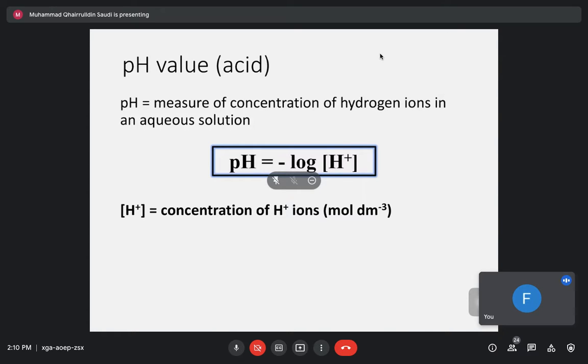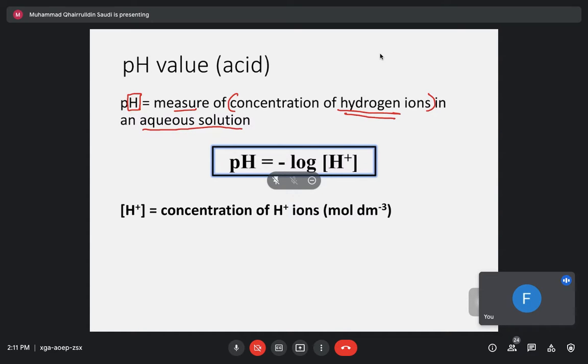So pH is the measure. pH is actually the measure of concentration of hydrogen ions. Okay, how can you know hydrogen ion? Tengok kat sini, the capital case is H. So sebenarnya this is the measurement of hydrogen ions in an aqueous solution. So that is the meaning of pH. Okay, the measure of concentration of hydrogen ion.